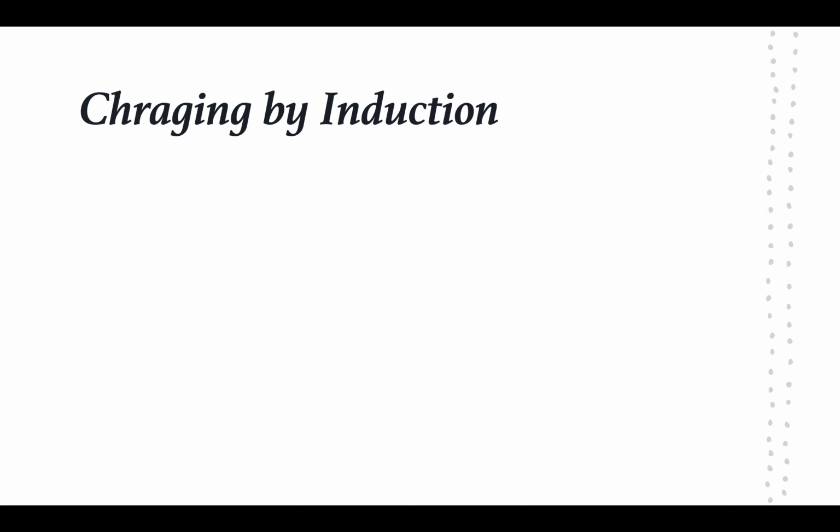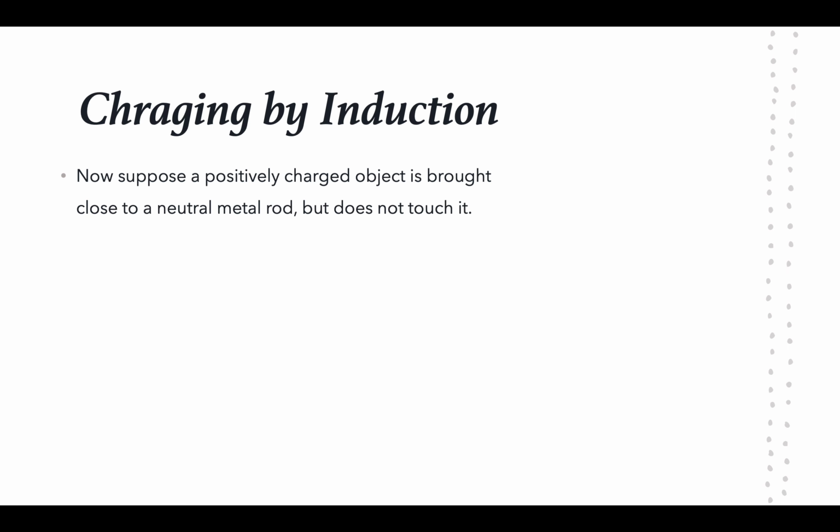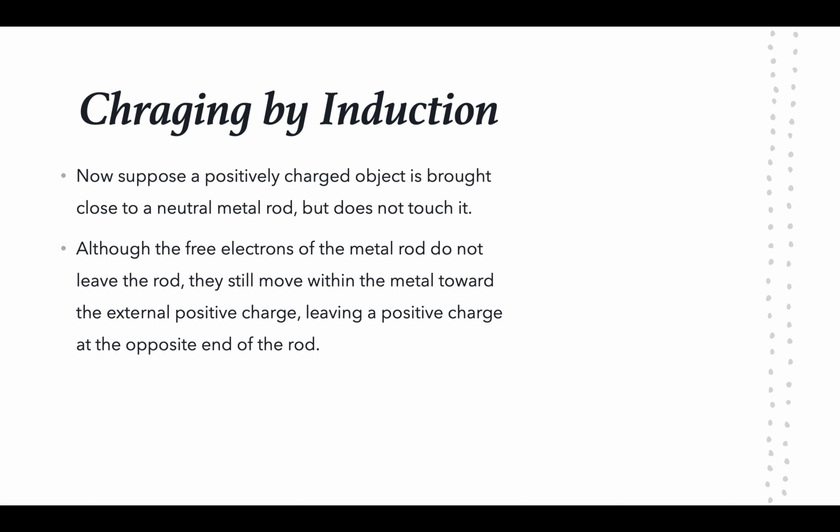Another way of charging objects is by induction. When we charge by induction, the objects come close to each other but do not touch each other. Now, since these two objects are not touching each other, the free electrons of one object cannot jump into the next object, but they will still kind of pile up on one side of the rod, right?